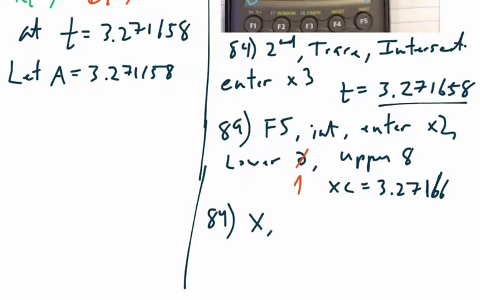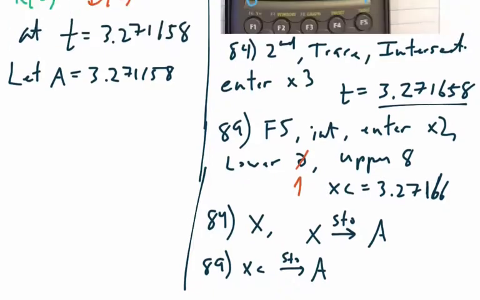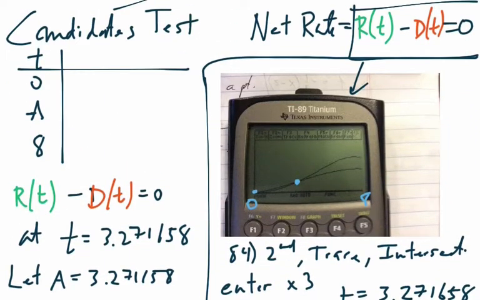So then what you can do is you can hit X and then the arrow button above the on, which should be sto for store. And then you can hit alpha A to store it as A. And on the 89, you would do the same thing, except you would type XC and then store as the letter A. Great.